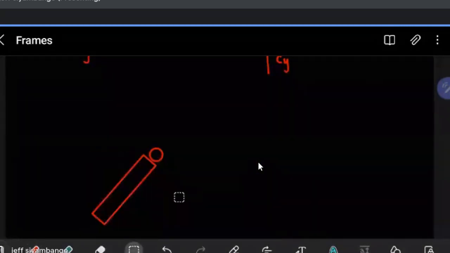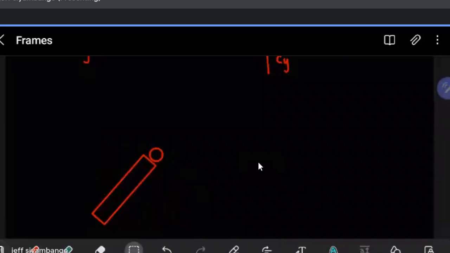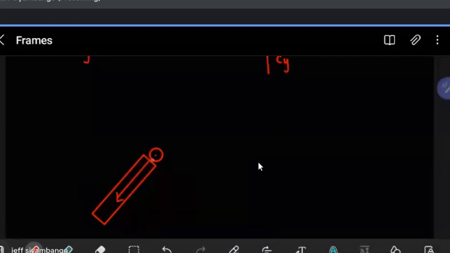Now you view these two as if they are connected, and if the member has a force that is going like this, what happens? Then the pin has to experience the same force, but in the opposite direction. I hope you got that. If this member experiences a force that goes down like this, then the pin has to experience the same force, but in the opposite direction.